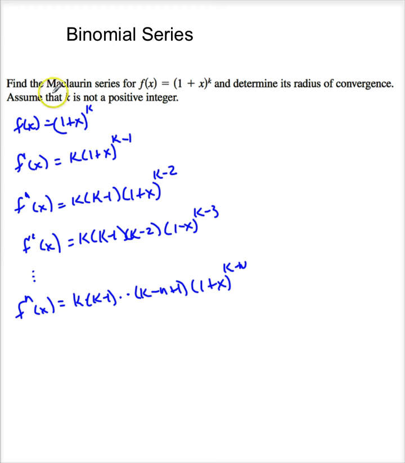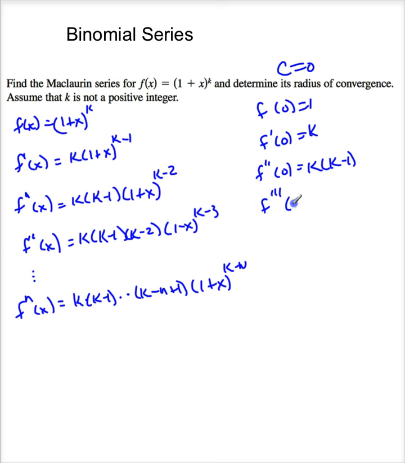So when I'm doing Maclaurin, c is 0, so f of 0 is just 1, f prime of 0 is k, f double prime of 0 is k times k minus 1, f triple prime of 0 is k times k minus 1 times k minus 2, and so on.